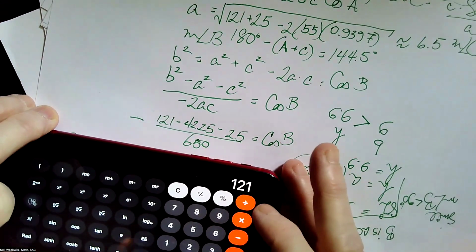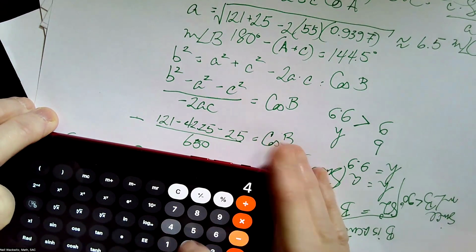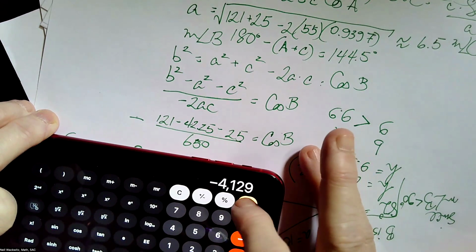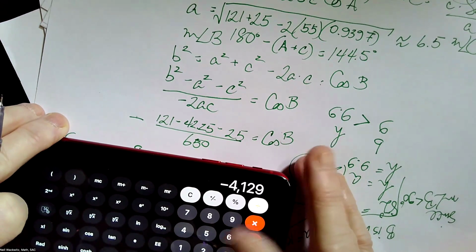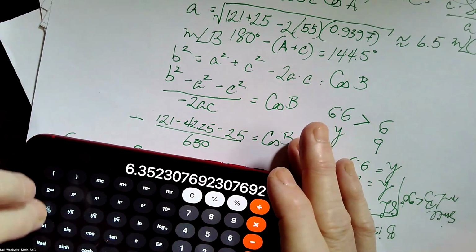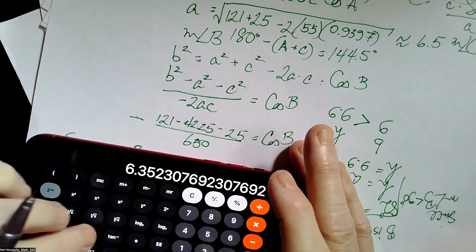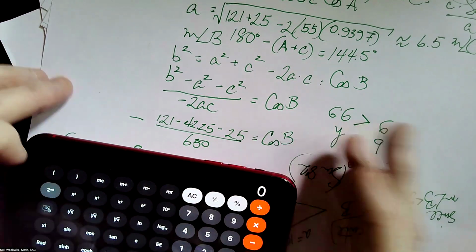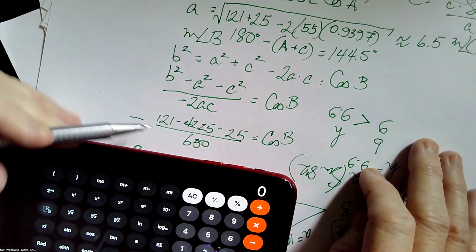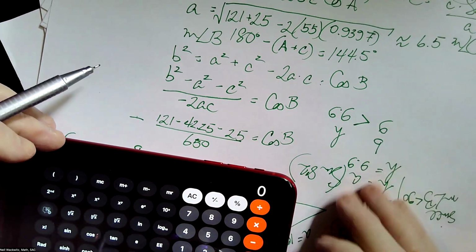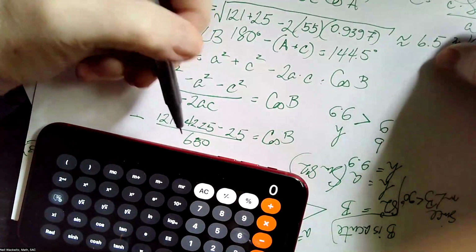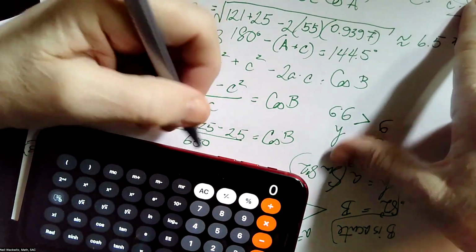So 121 minus 42.25 minus 25 divided by 650 and negate that. Oh, this is interesting. Inverse cosine. Let's see. A is 6.5.